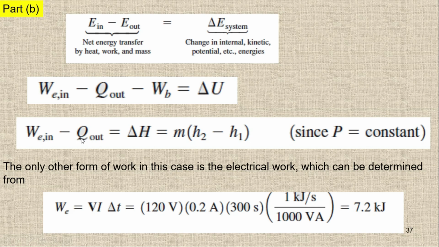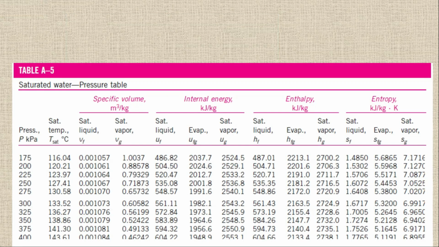Then we have minus Q out. The Q out value is already given in the question. Now m is given, but we don't know about H2 and H1. So how can we find the value of H1 and H2? The H1 is basically at state number 1. At state 1, the pressure is given, as well as the condition that state 1 is saturated vapor.